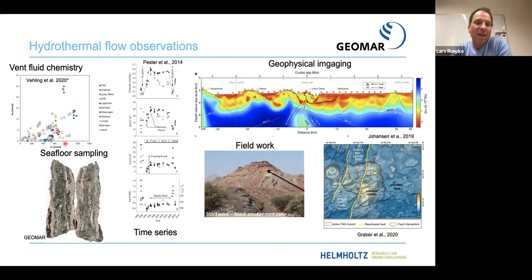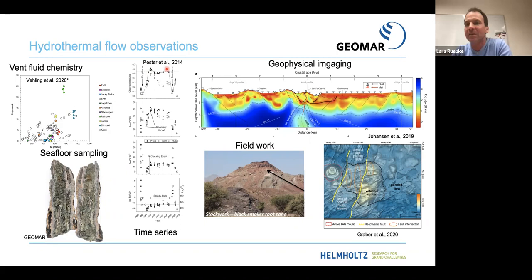Especially with the advent of the cabled observatories and some of the focus sites, we have time series of vent fluids, and I will come back to that at a later stage. So we not only get snapshots of the vent fluid chemistry, but we also see how they evolve with time. These evolutions and responses to short-term perturbations like earthquakes and eruptions tell us a lot about what is actually happening inside.